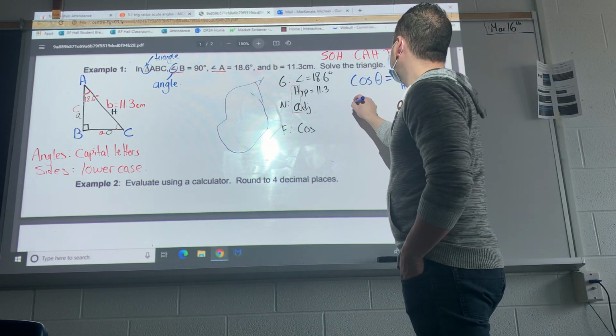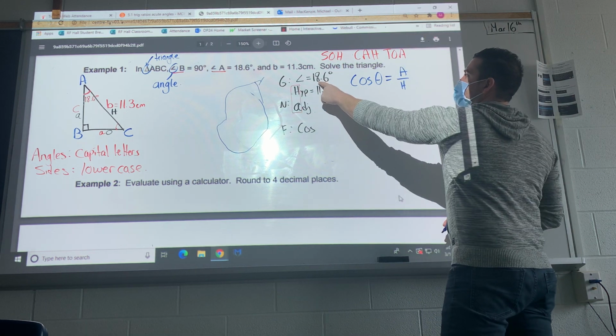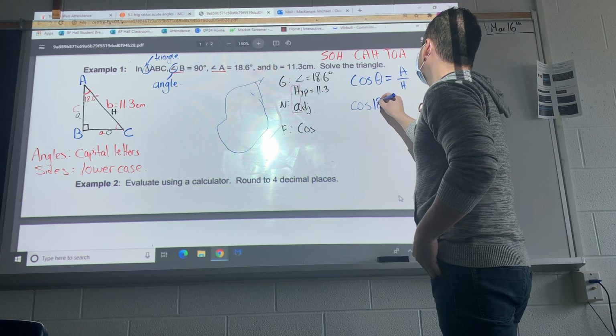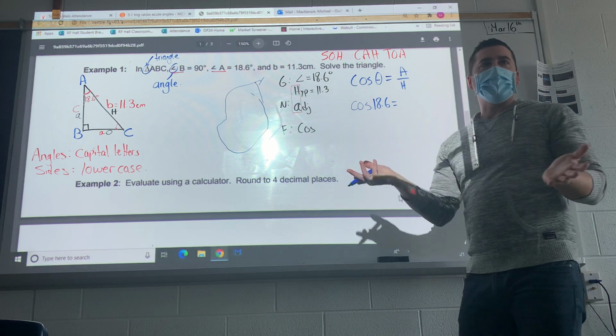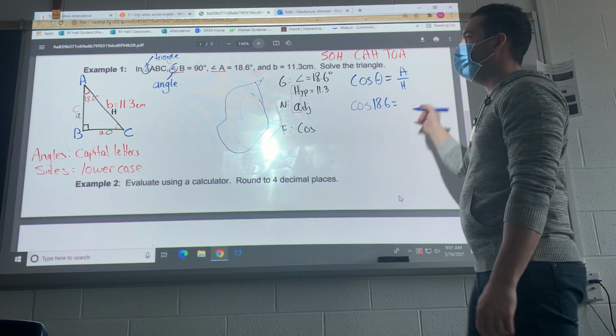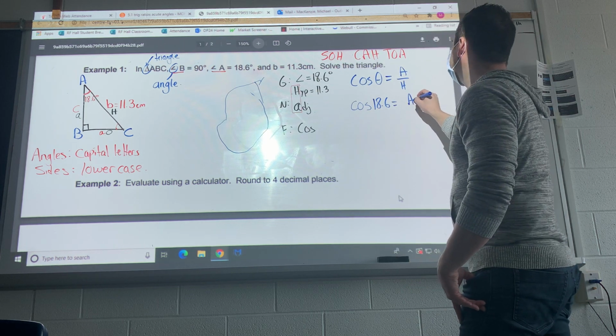Okay, so cos of our angle, this is angle, so it's 18.6, equals our A, which we do not have, so you could call it A, or you could call it this C. Doesn't matter, I'm just going to leave it as our adjacent side.